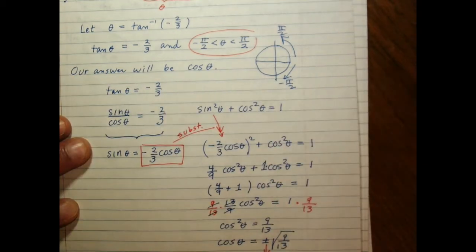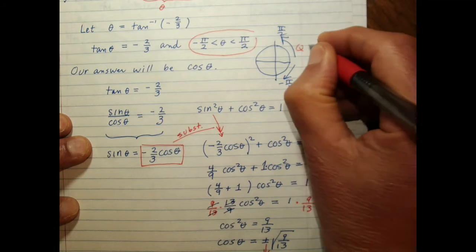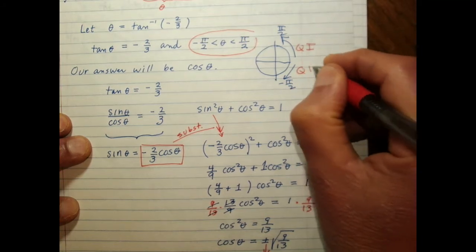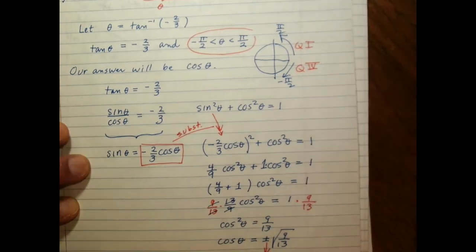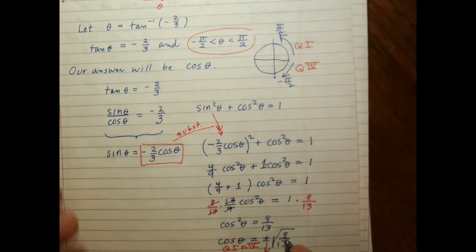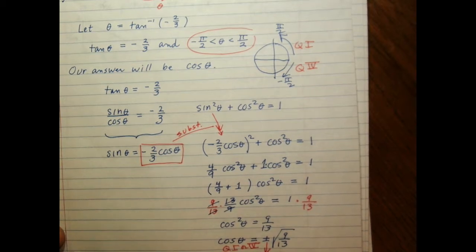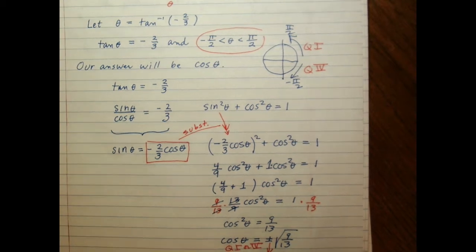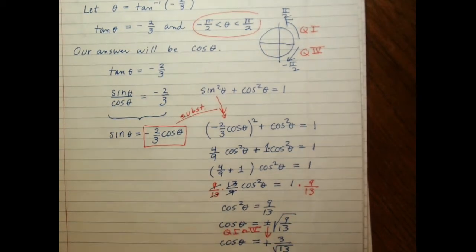That tells me that we're in either quadrant 1 or quadrant 4. So if we're in quadrant 1 or 4, cosine must be positive. Square root of 9 is 3. I can write that as 3 over the square root of 13. So cosine theta is 3 over the square root of 13.